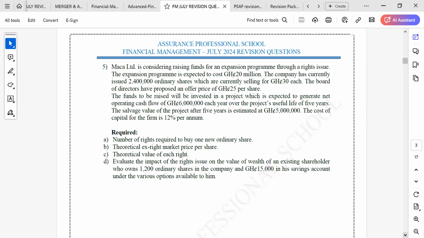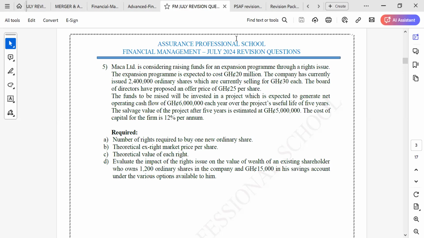The board of directors has proposed an offer price of 25 cedis per share.